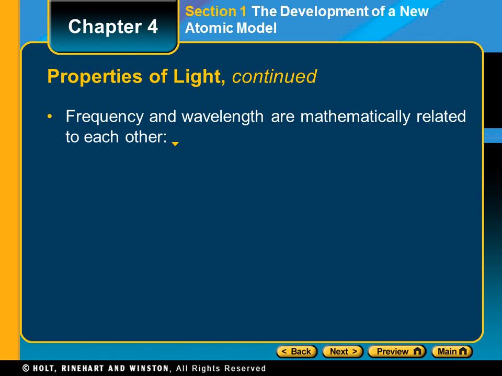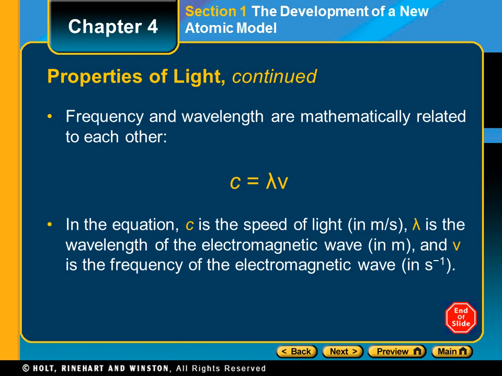And we know, as we've done the experimentation and worked some of these things out, that frequency and wavelength are mathematically related to each other. And that is represented in this equation, where c is the speed of light in meters per second, lambda is the wavelength of the electromagnetic wave in meters, and the little v is the frequency of the electromagnetic wave.